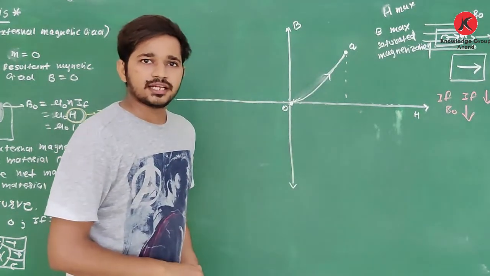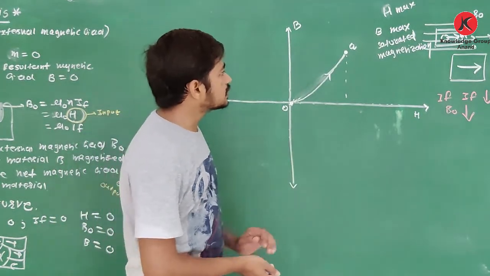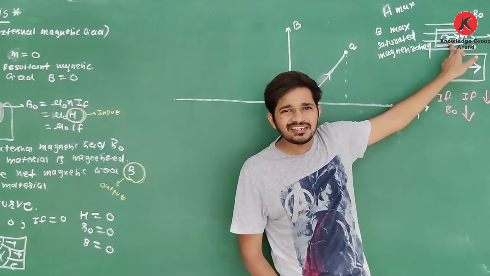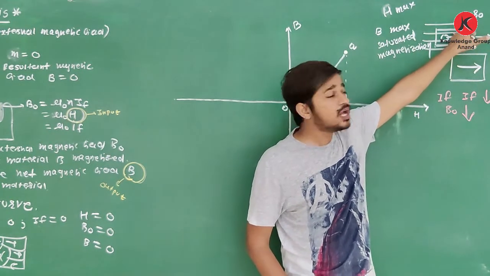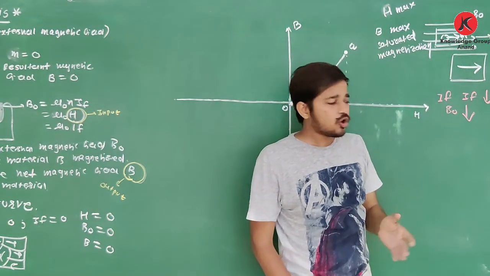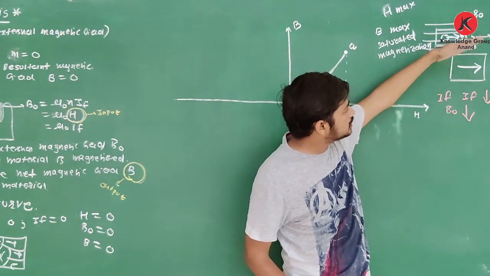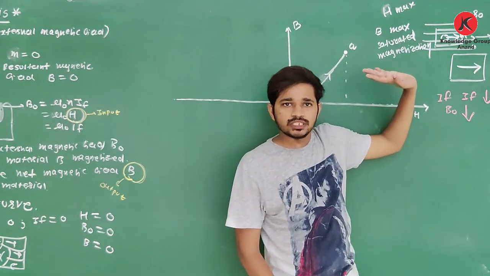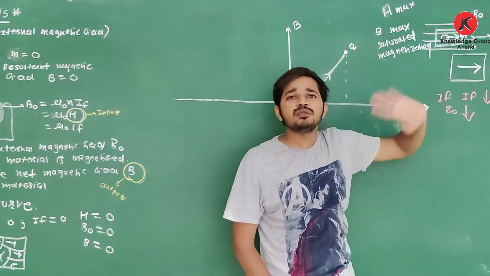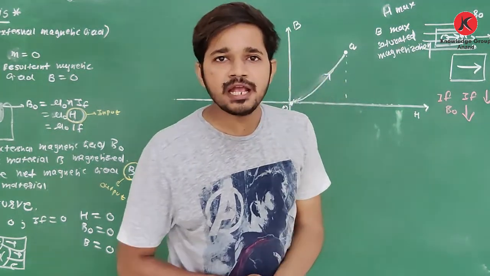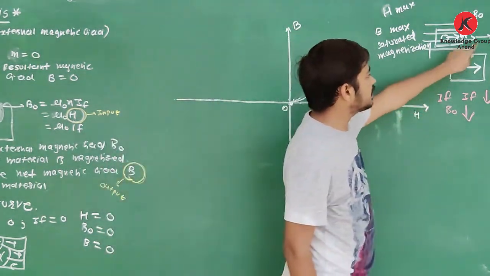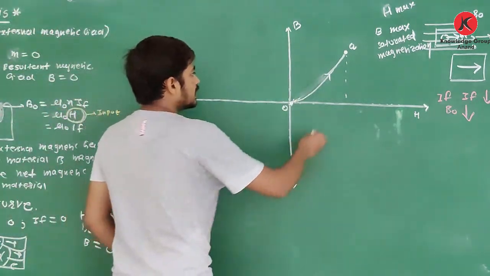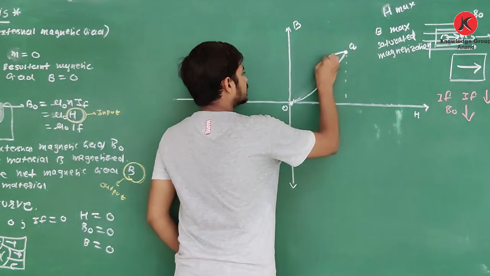Yes or no? Each molecular dipole was aligned in the direction of the magnetic field due to B0. Now if B0 decreases, the dipoles will try to oscillate and are deflected from their mean position. So the resultant magnetic field decreases.